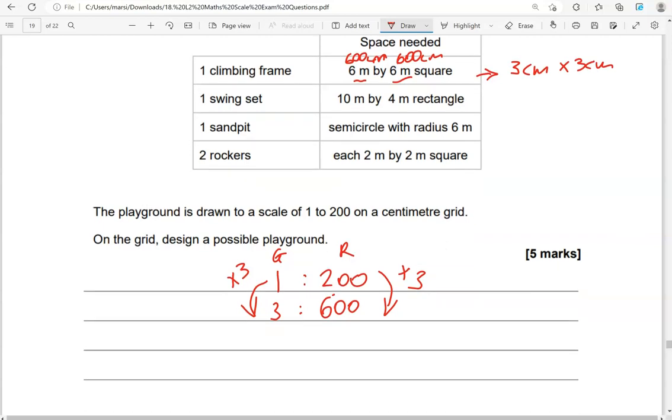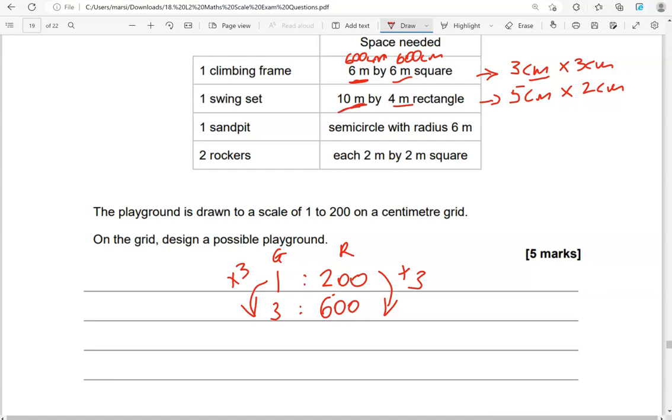And 10 meters by 4 meters. Okay, so that will be 5 centimeters by 2 centimeters. If you notice, when we had 6 meters, that was 3 centimeters. So now we halve it.